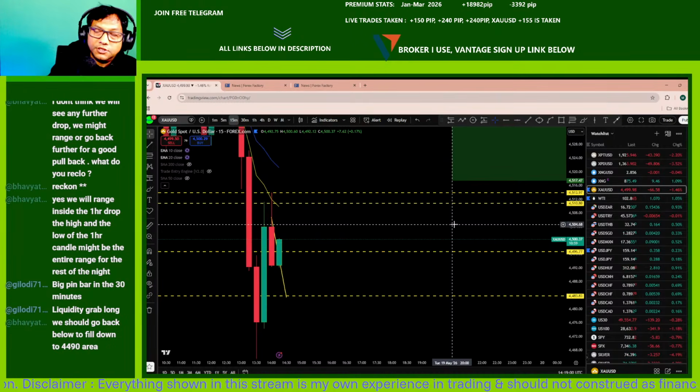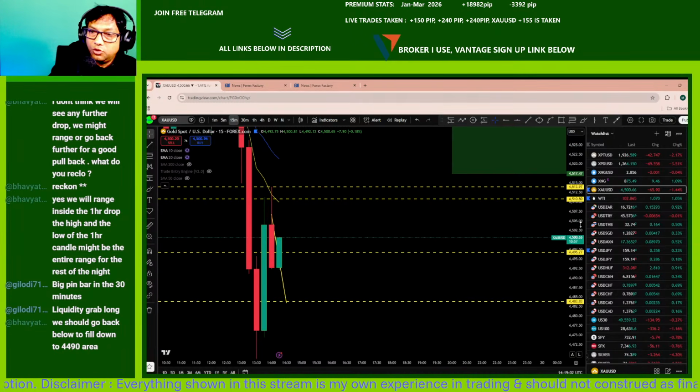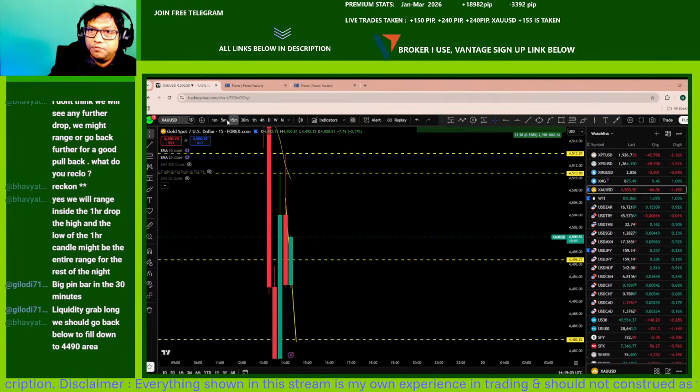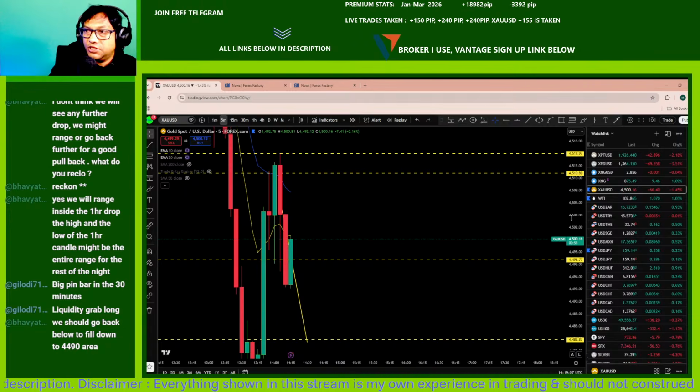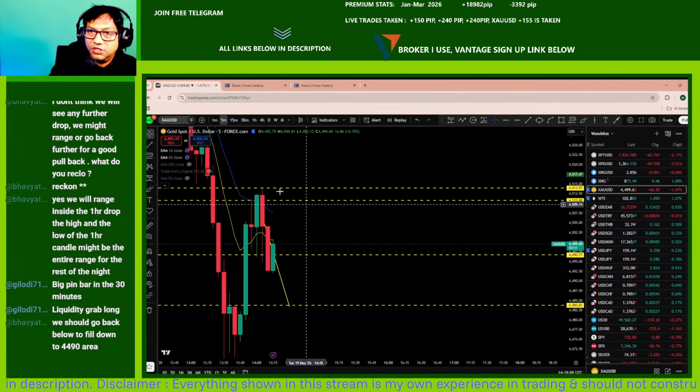So if you look at it, it's potentially going back again towards the upside here, which is taking this price action back to this key level.